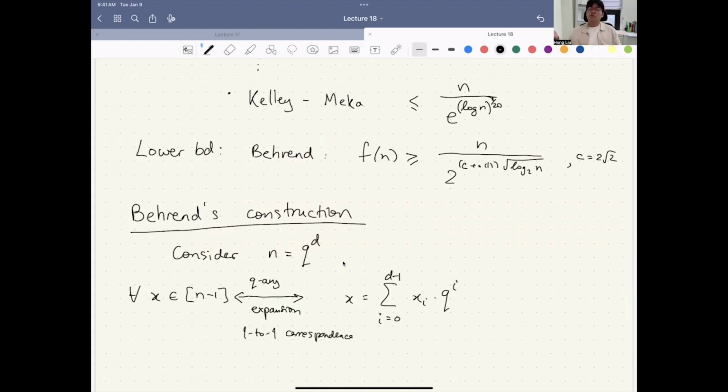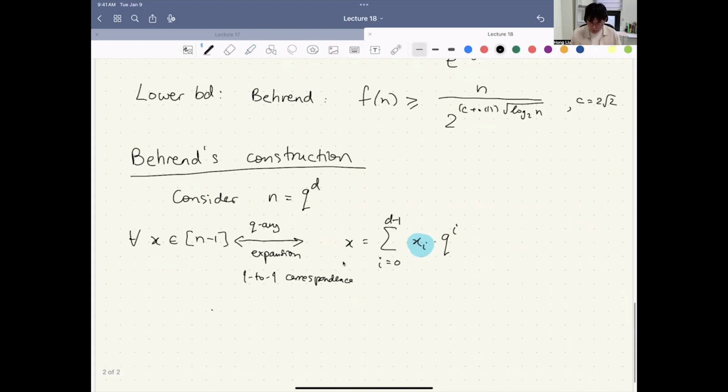So now we can view the first n integers as a high-dimensional grid, because we can look at this vector: every x maps to the vector (x_0, x_1, ..., x_{d-1}), a length d vector.